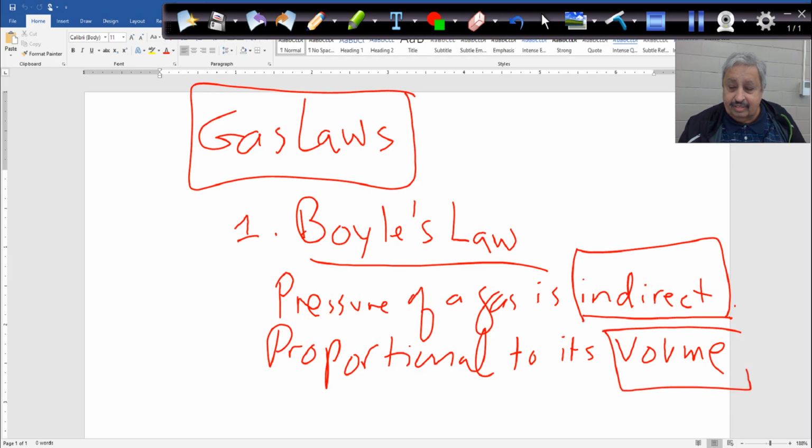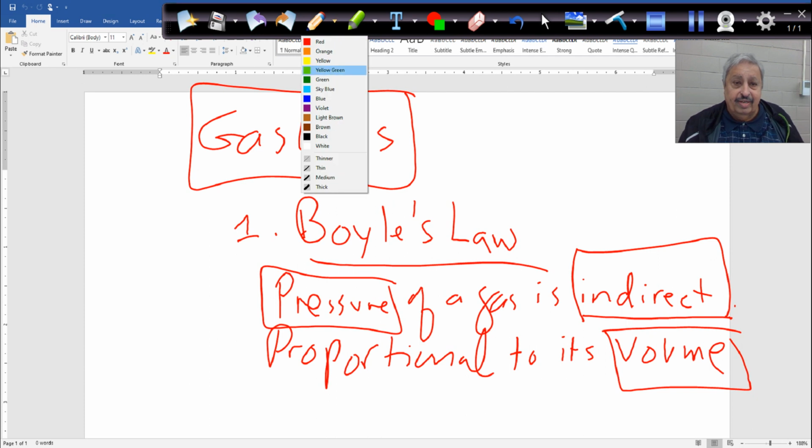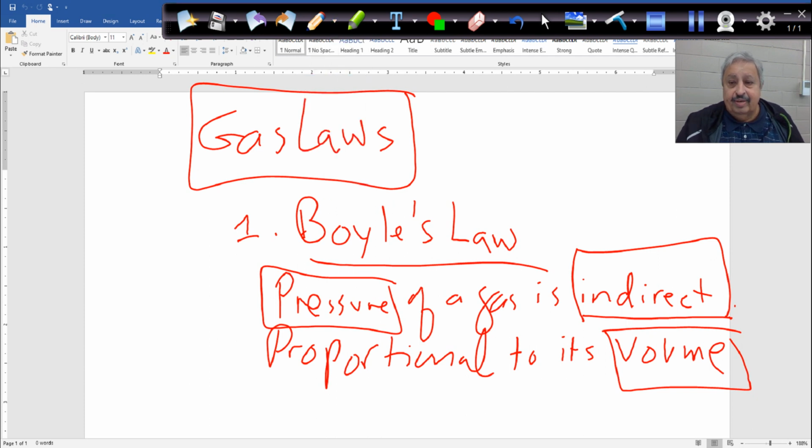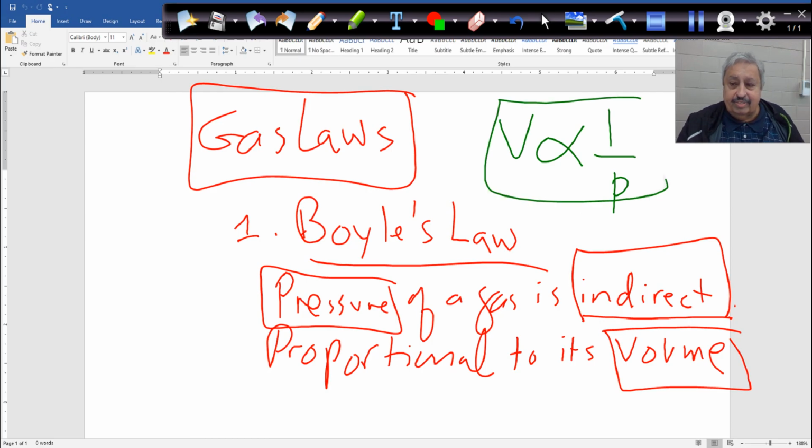So looking at this, we can say Boyle's law is telling us that the volume of the gas is inversely proportional to the pressure, 1 over pressure.